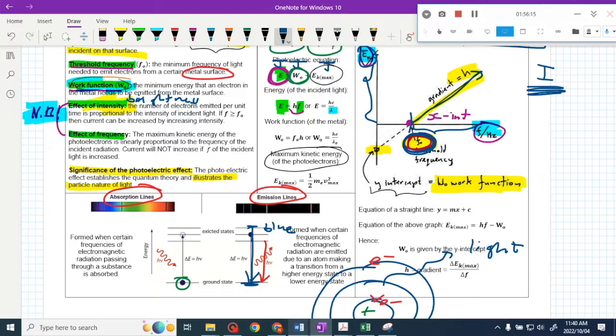Okay, very important, guys. This is very important. I think it comes up in every single November exam. Current is equal to the number of charges per unit time. If we have a metal with a whole lot of electrons, what's happening is we are shining packets of energy onto this.